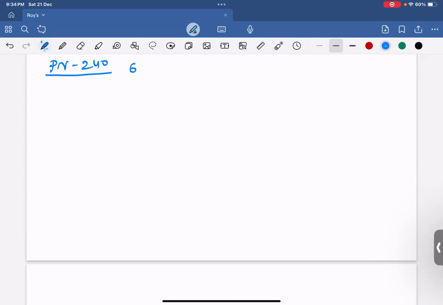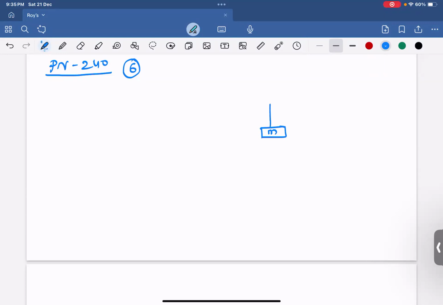Question number 6, if you check. A string is used to pull a block of mass m vertically up by distance h at a constant acceleration g by 3. Find the work done by the tension in the string. Have you found that question, Neil? Yes, sir. Found.